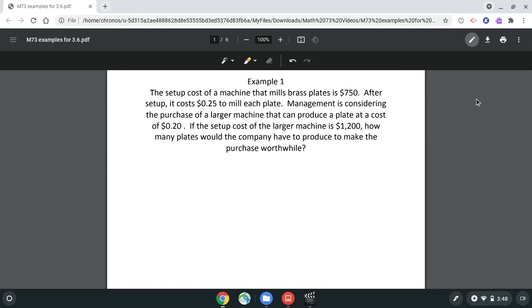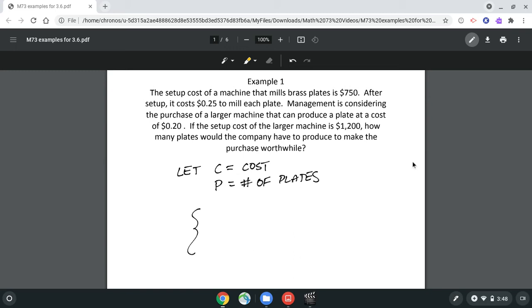So I'm going to define my variables. I'm going to let C represent the cost, and I'm going to let P represent the number of plates. I need to come up with 2 equations. Well, I'm dealing with 2 different machines here, so I'm dealing with 2 different costs for the company.